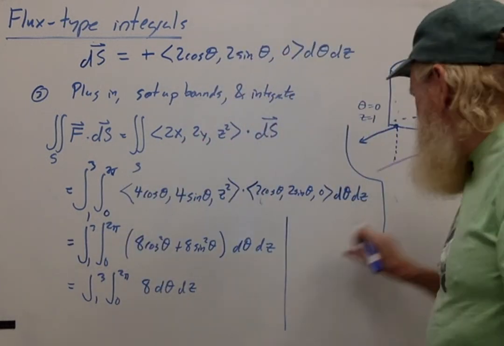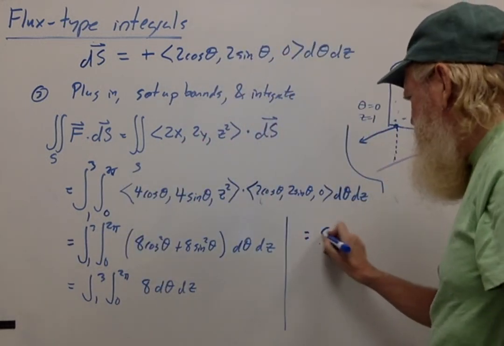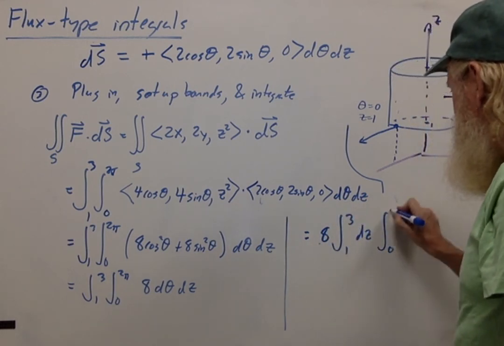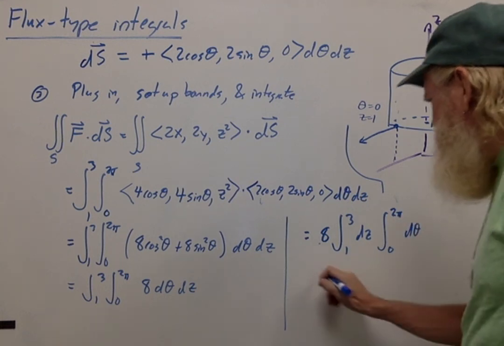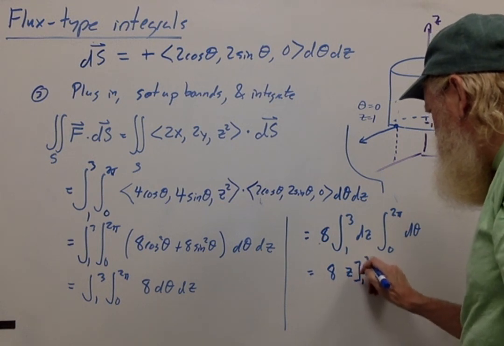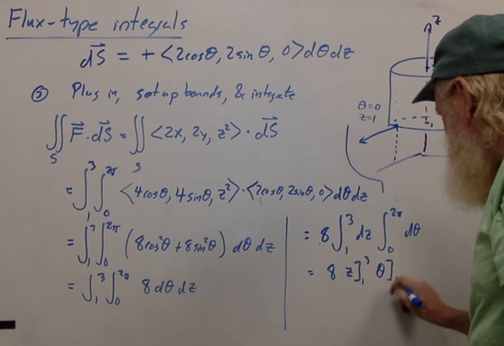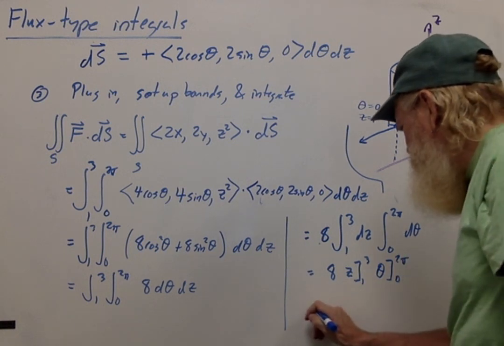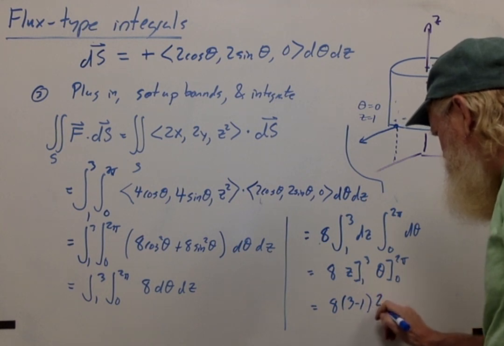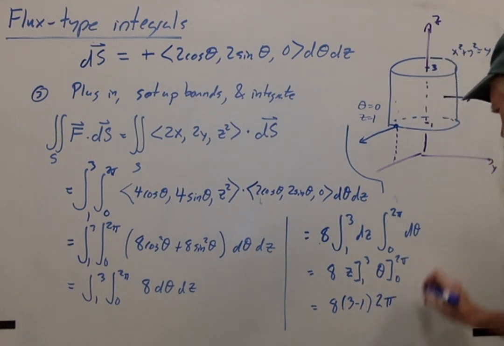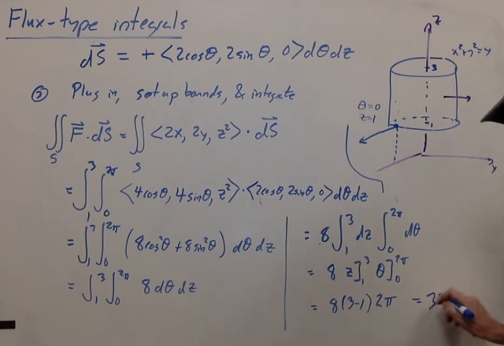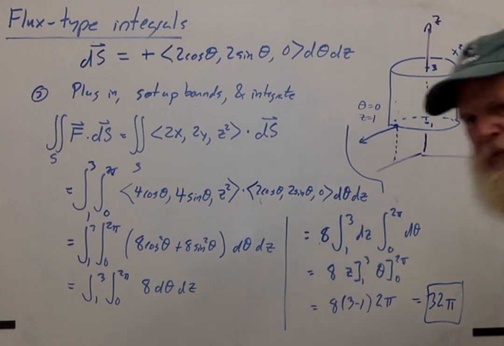So I could break this up as 8 times the integral from 1 to 3 of dz times the integral from 0 to 2 pi d theta, which will be 8 times z taken from 1 to 3 times theta taken from 0 to 2 pi, which is 8 times 3 minus 1 times 2 pi, which is 8 times 2 is 16 times 2 is 32 times pi.